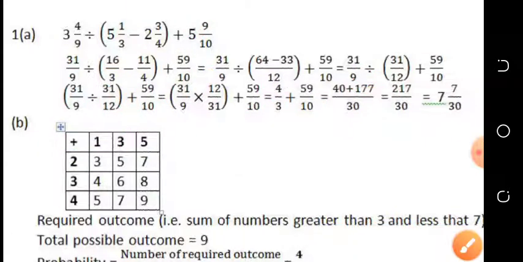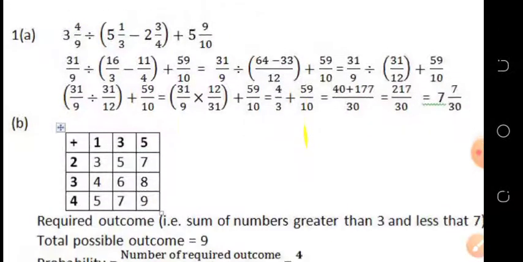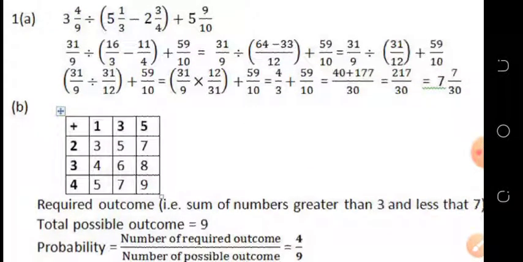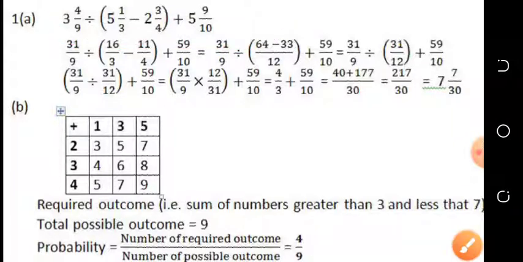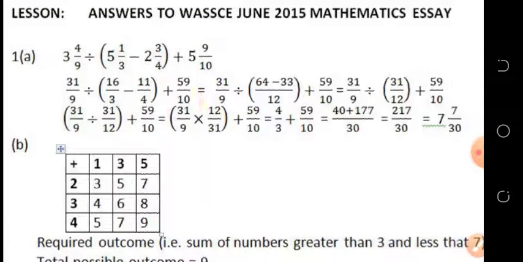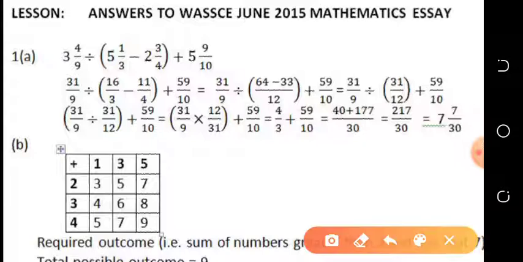Now let's move on. The first thing to do here is to change every mixed fraction to improper fraction. The simple formula is denominator times whole number plus numerator.